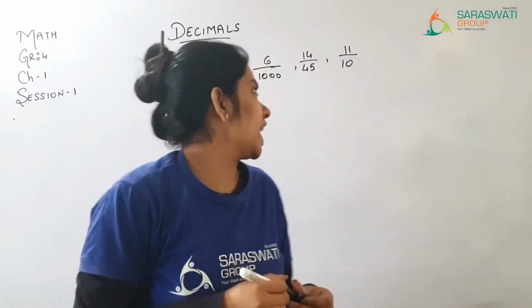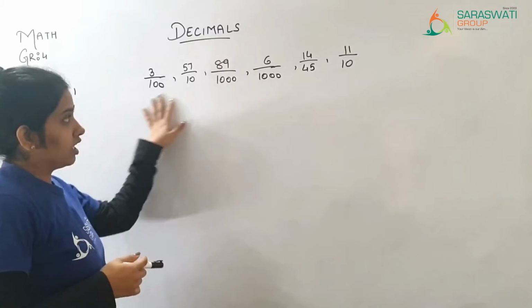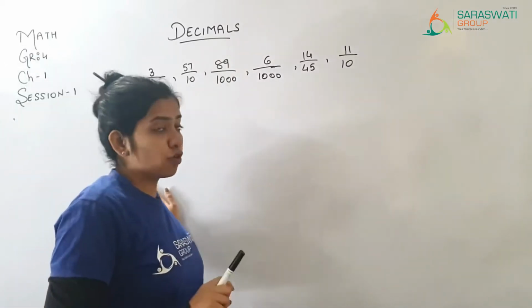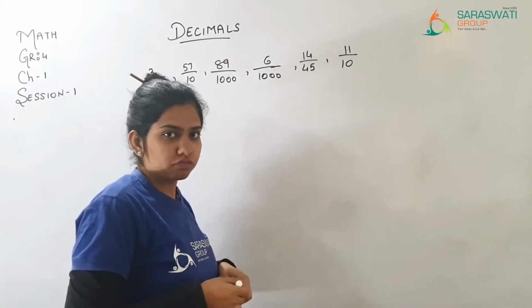Okay, so I have written some of the numbers over here. Now can you find out the odd one out from this? क्या आप इसमें से कोई odd number निकाल सकते हो?